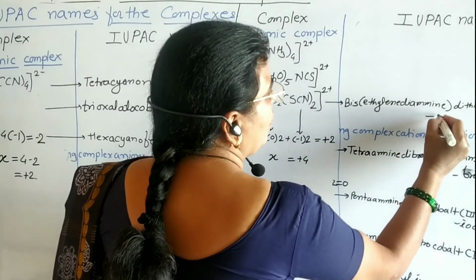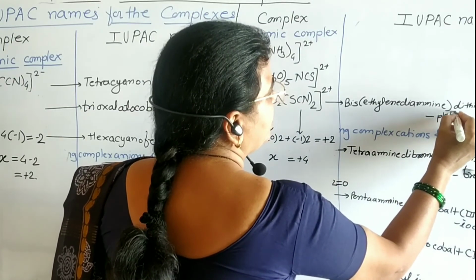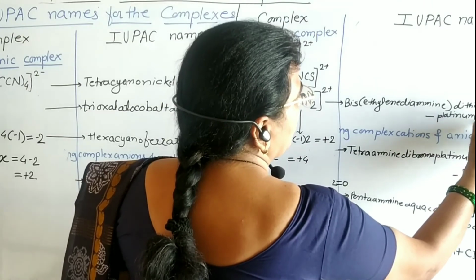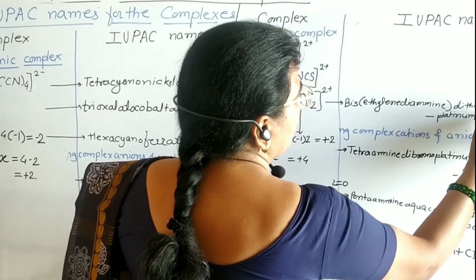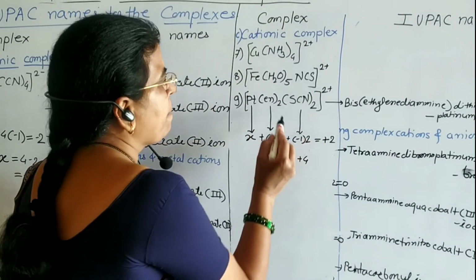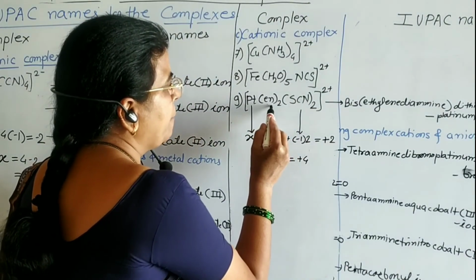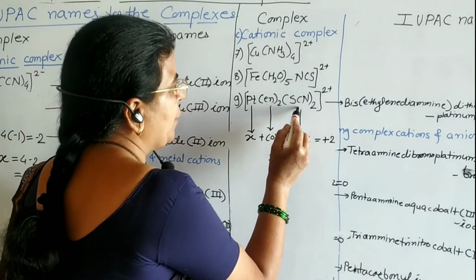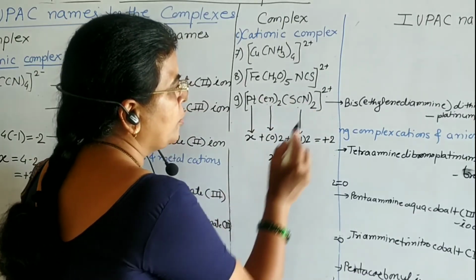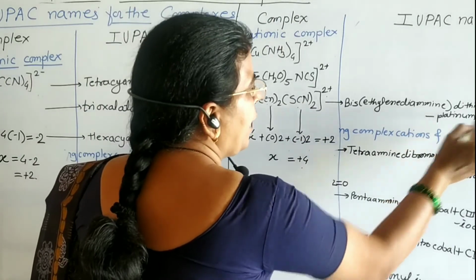Now platinum, oxidation state is +4 and ion. That is, name of this complex is bis-ethylene-diamine dithiocyanato platinum 4 ion. Positive charge is there, therefore write here ion.